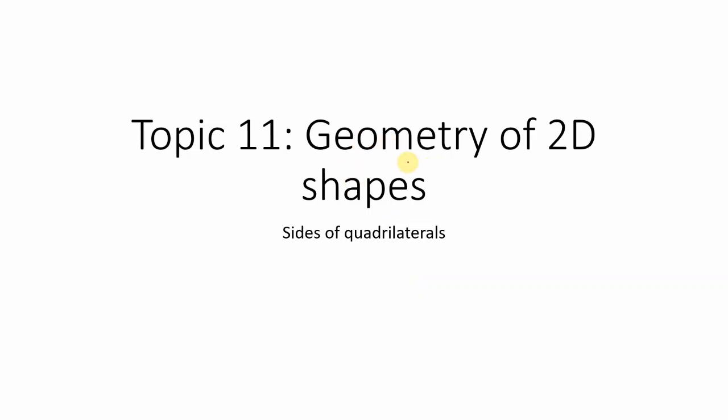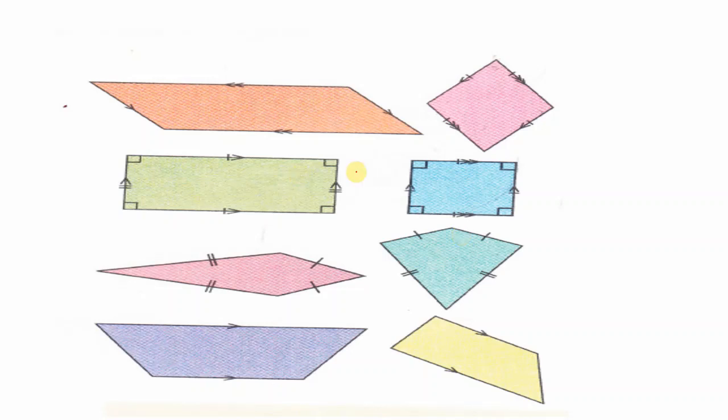In this video, based on topic 11, the geometry of two-dimensional shapes, we are going to focus on the sides of quadrilaterals. In the previous video, we focused on the angles of the quadrilaterals.